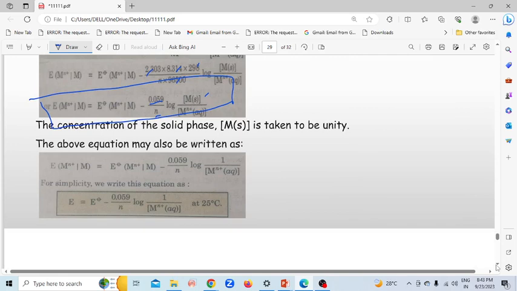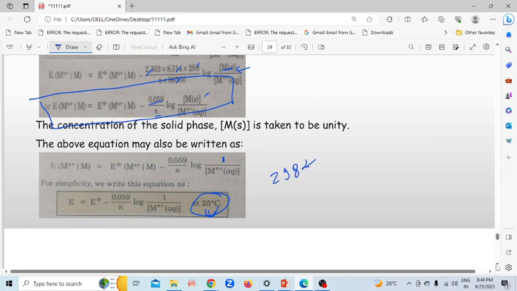Here again M(s) is a solid, so its activity or concentration we can take as 1. Mentioning the temperature is compulsory, because we took 298, room temperature.